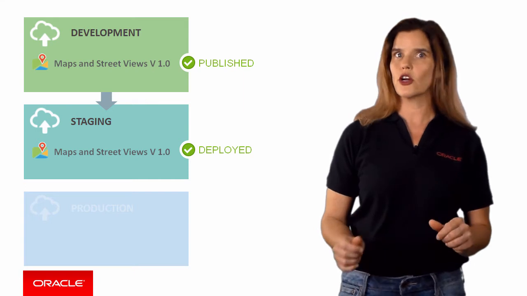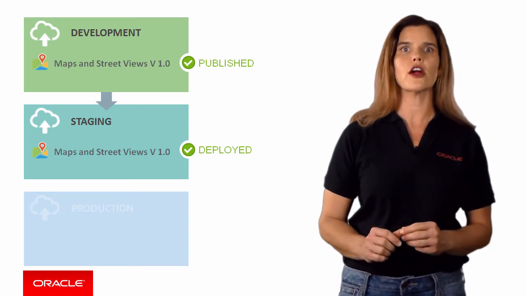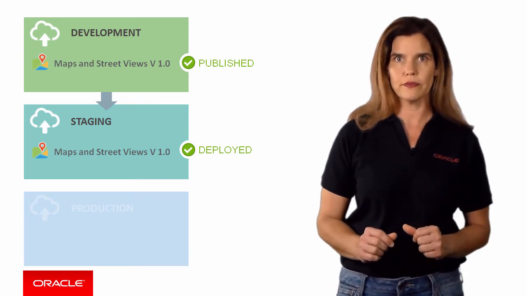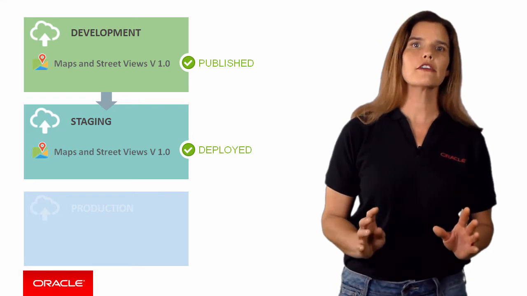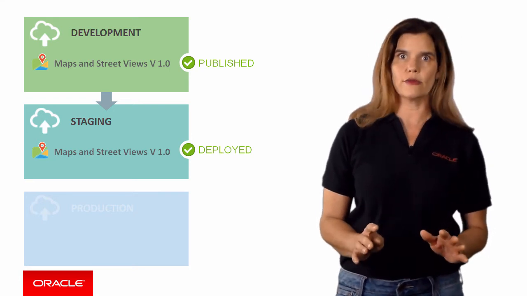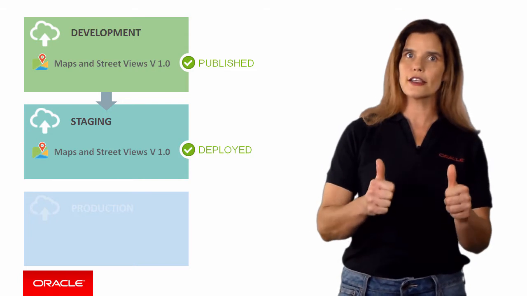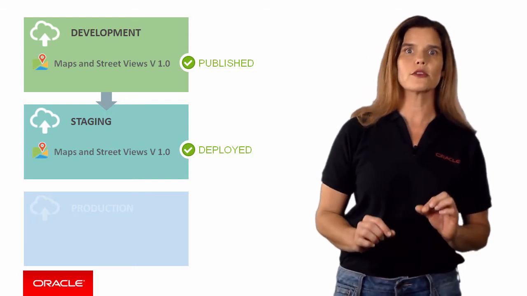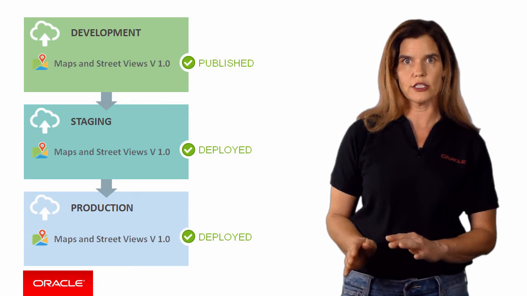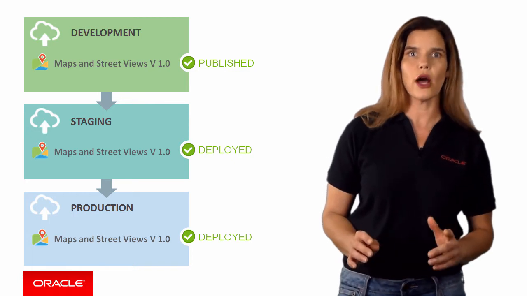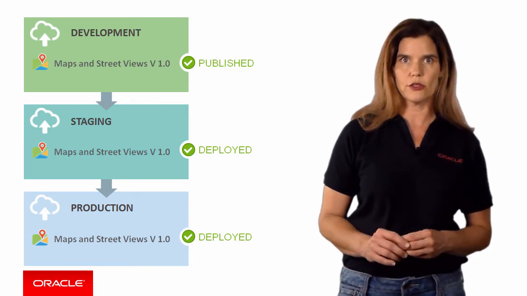If problems are found, you go back to work on fixes in the development environment. We'll talk more about that later. When you have a good working version of your asset in the staging environment and your QA team has signed off, the mobile administrator can deploy the asset to the production environment where the asset will be available widely for use internally or by customers.